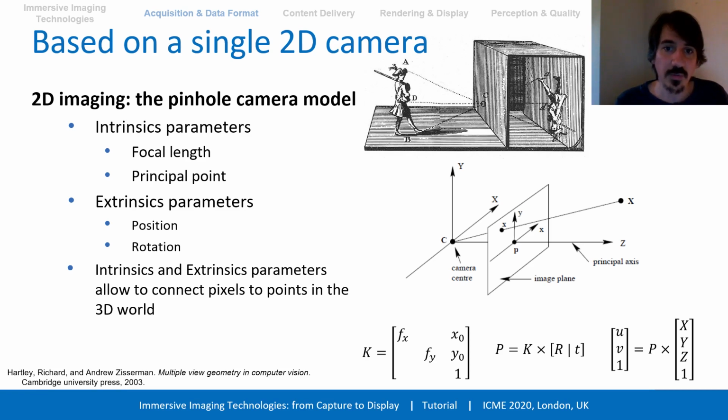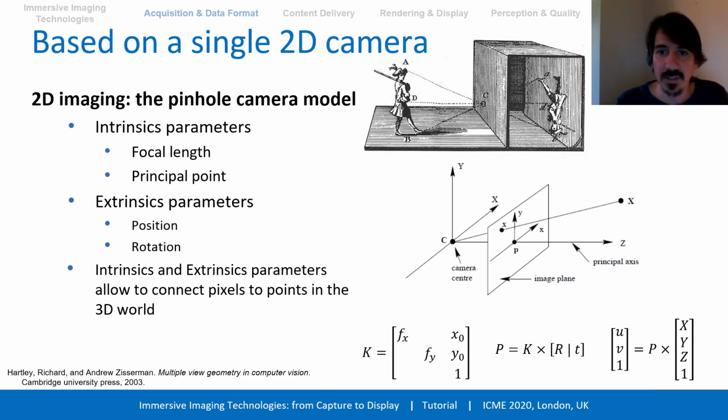We have the intrinsic parameters, which basically describe the relation between the camera center and the image sensor, and the extrinsic parameters, which describe the position and orientation of the camera. Altogether, the intrinsic and extrinsic parameters allow us to connect points in the 3D world space to image pixel coordinates.